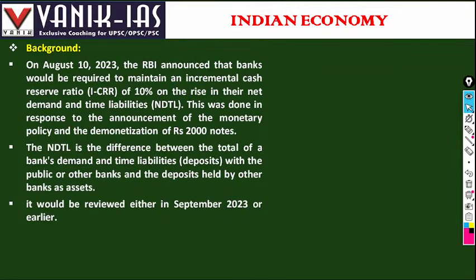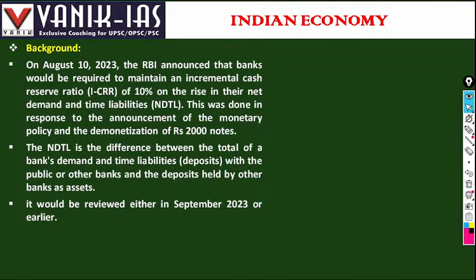On August 10, 2023, the RBI announced that banks would be required to maintain an incremental cash reserve ratio of 10% on the rise in their net demand and time liability. Because these 2000 rupee denomination notes were withdrawn from the market, a huge amount of cash came to the commercial banks. Commercial banks were flooded with cash because RBI's decision to withdraw the 2000 rupee note led people to surrender those notes in the banks.